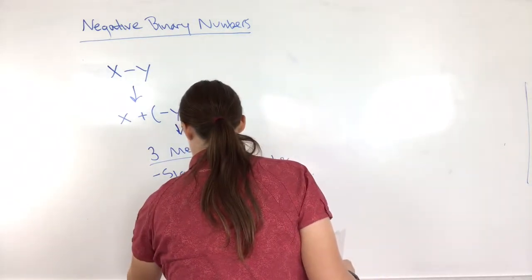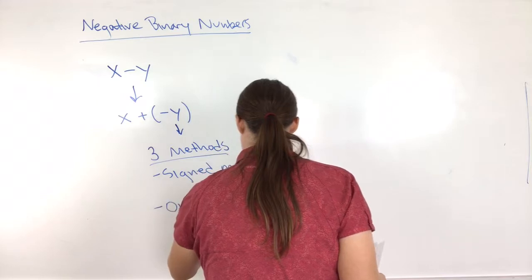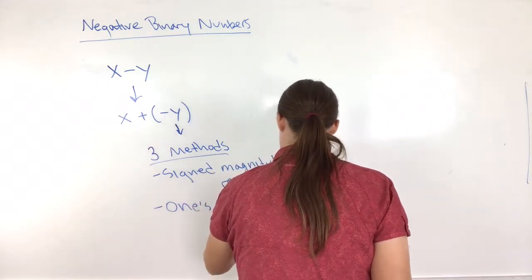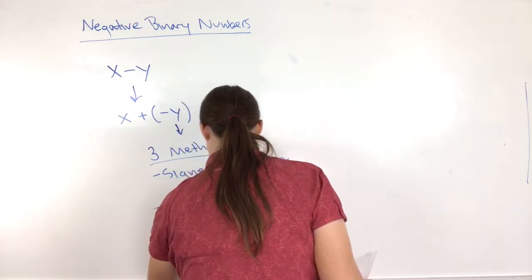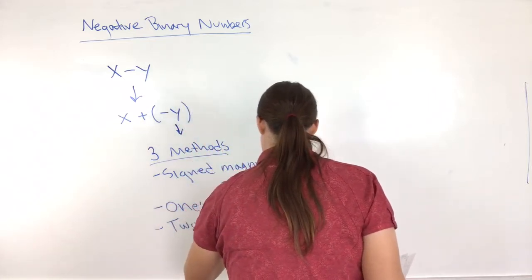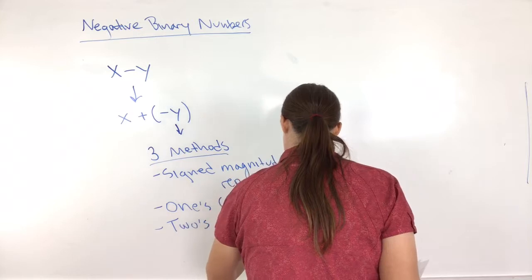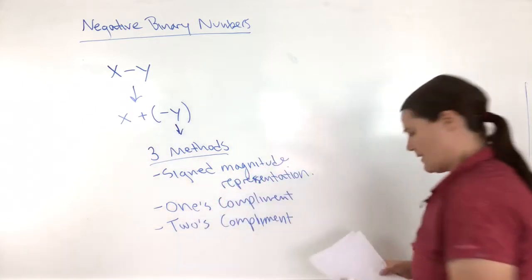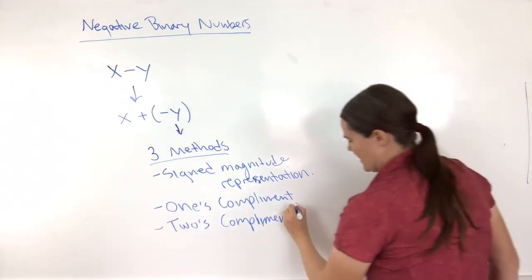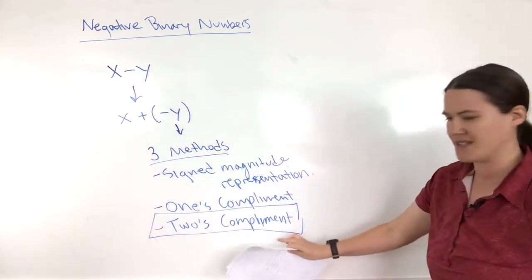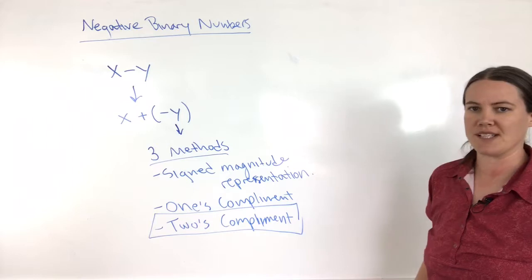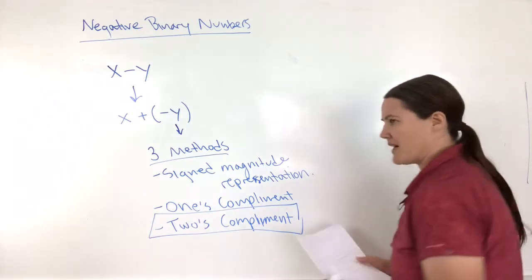There's a method called ones complement and twos complement. In this video, I'm only going to cover the twos complement. This is by far the most common method used to represent negative numbers in binary.